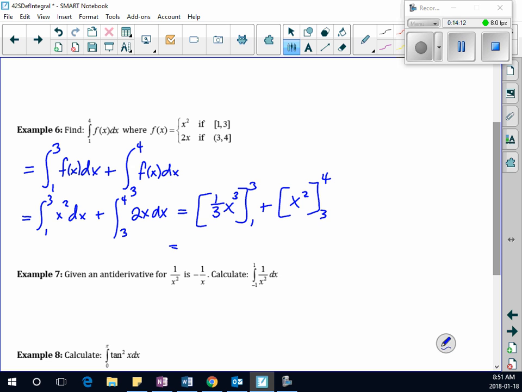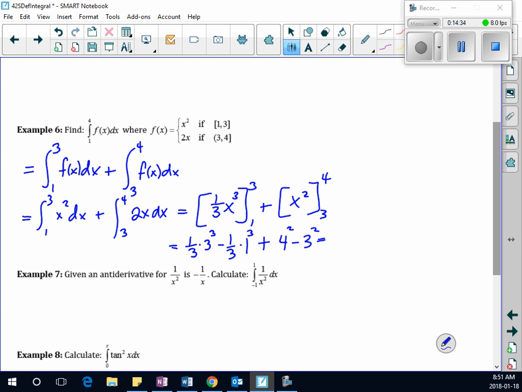So 3 goes in, we get 1/3 times 3 cubed, subtract 1/3 times 1 cubed, plus 4 goes in there, 4 squared minus 3 squared. So this can cross cancel the first one.